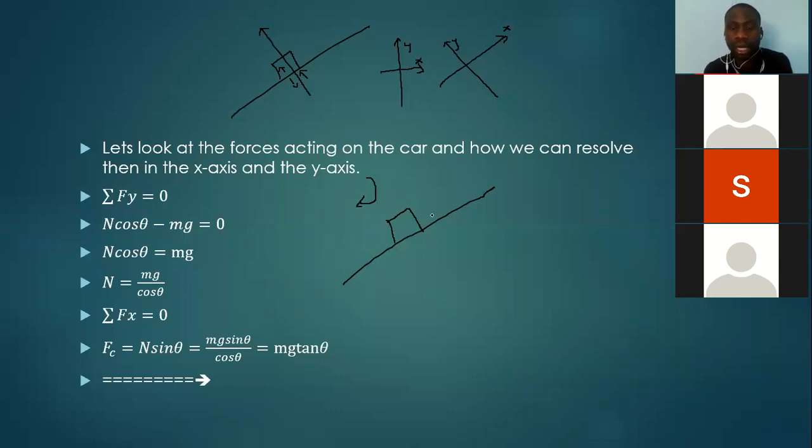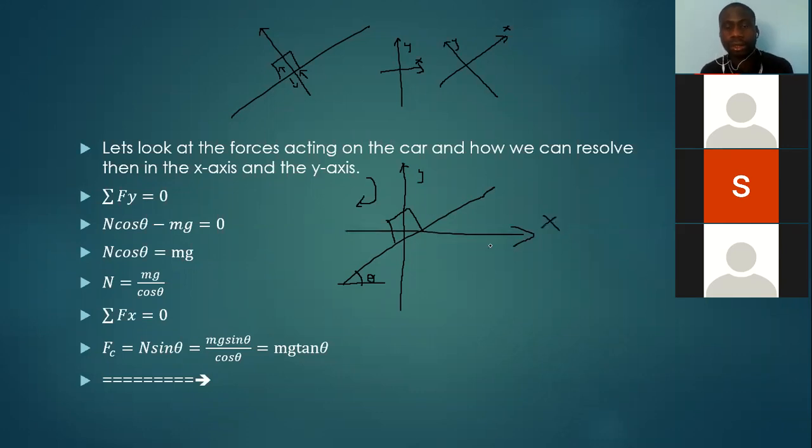So if I want, I can still use my normal Cartesian plane, because it's at this angle here. If I want, I can still use my normal Cartesian plane, this one being my y, and this one being my x.